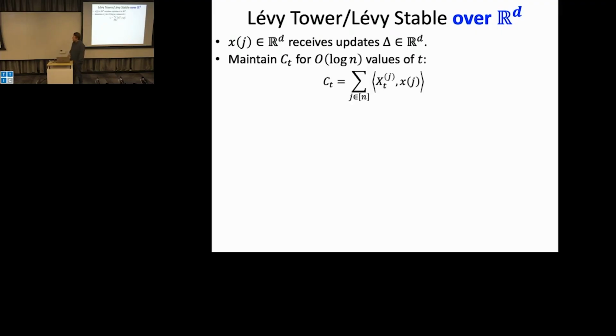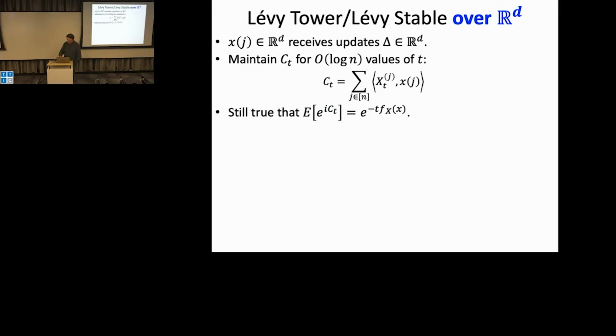In the Levy process now, you maintain the sum of these inner products, and everything stays the same. You still have this property that when you take this cell and exponentiate i times this cell, you get something that is controlled by your target function, f of x.